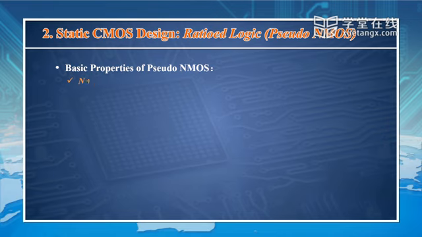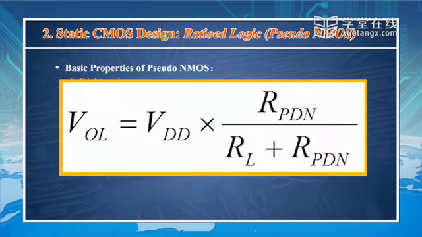We have n plus 1 transistors, then VOH, the high output voltage, equals VDD, the power supply. The nominal low output voltage is not equal to 0. That is because this is the expression for the output voltage low.